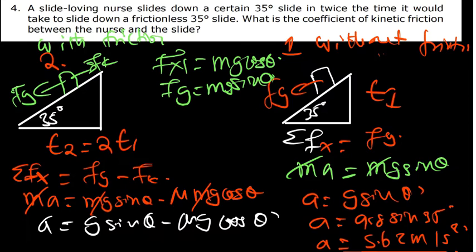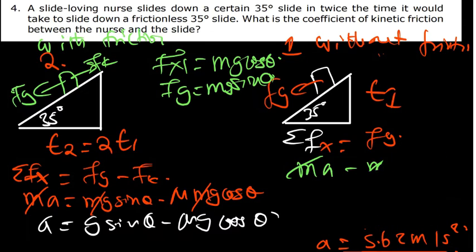Now we want to find the coefficient of friction. This is the acceleration for 1, and this is the acceleration for 2. Acceleration for 1 is 5.62 meters per second squared.